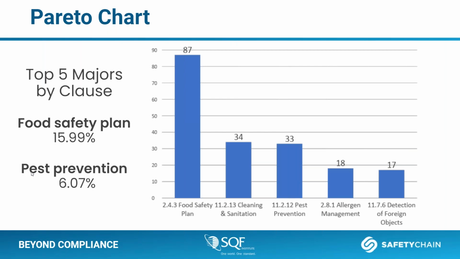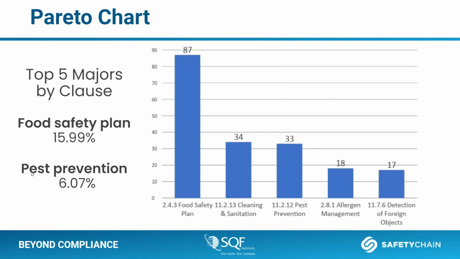But when I pull in the top 5 clauses, I am now looking at 35% of my data. So I'm actually looking at more data, even though I'm using a top 5 versus a top 10.